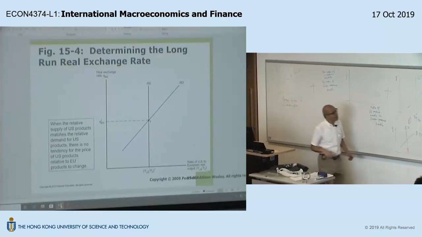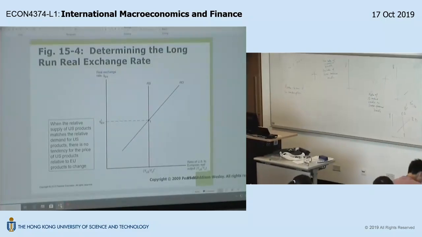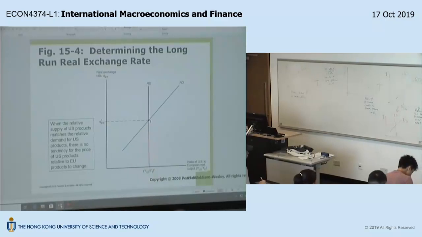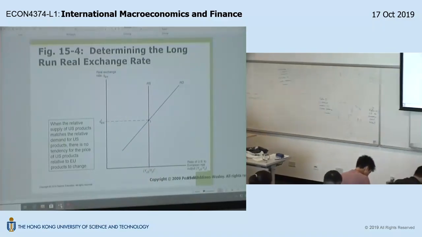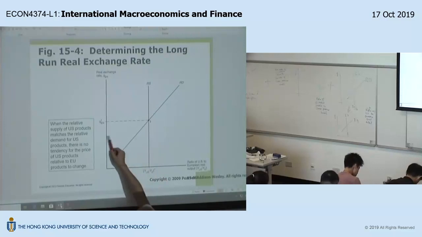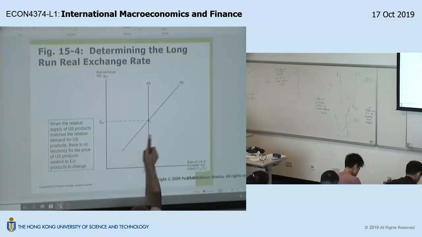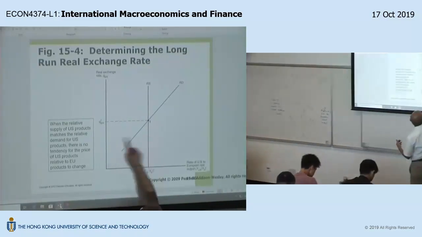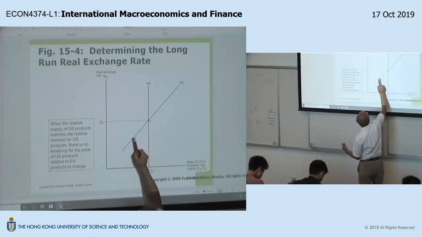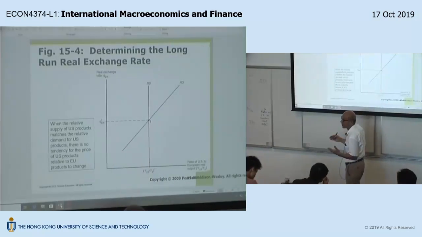So here's the equilibrium. Why is it the equilibrium? Suppose the relative price is here, then this is not an equilibrium because the relative supply is more than relative demand.